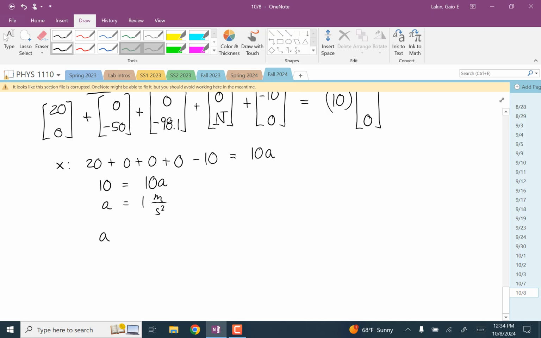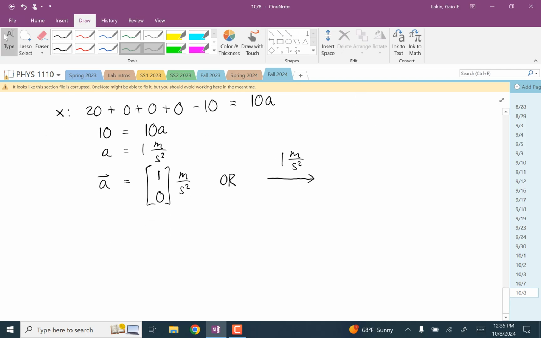So the acceleration vector is 1, 0, or to visualize it, that's in the positive x direction. So it's an acceleration this way of 1 meter per second squared. Any questions about finding that acceleration vector?